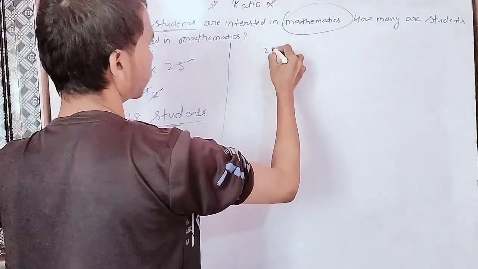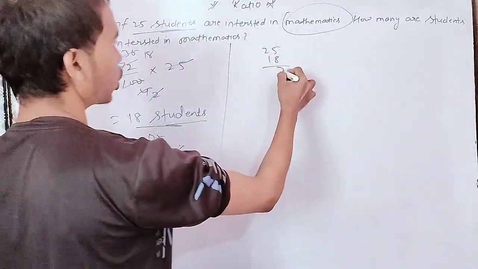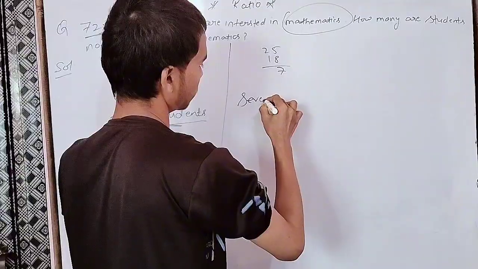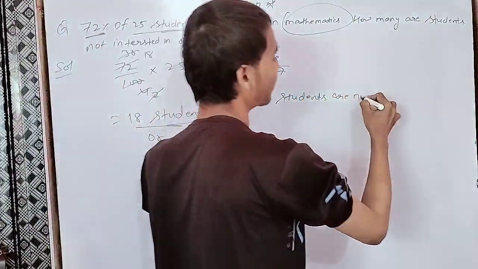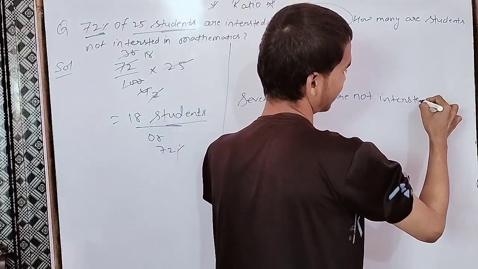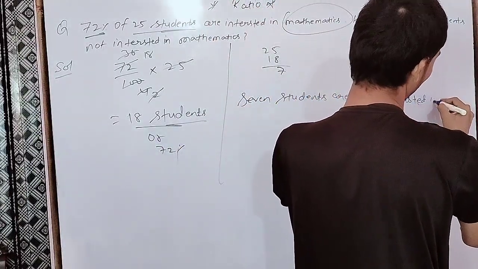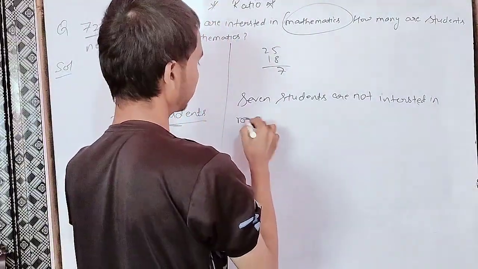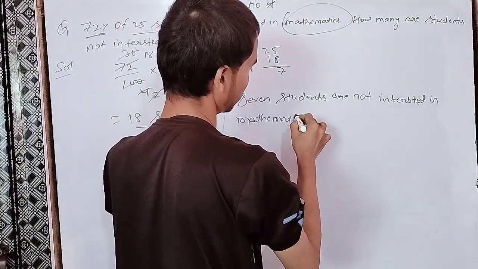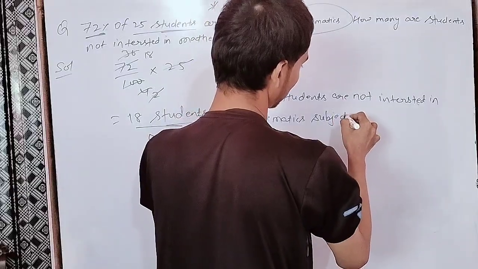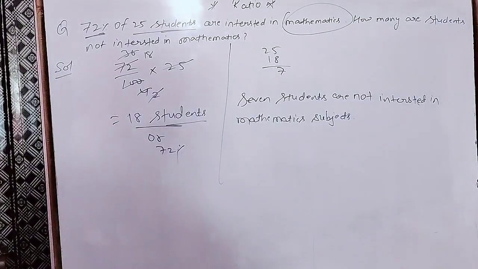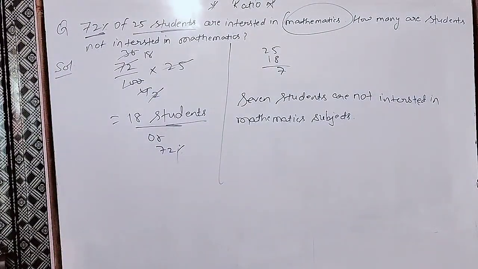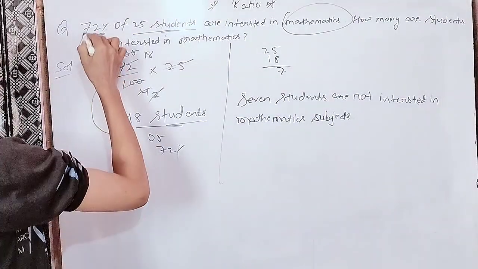Now, 25 minus 18 would be how much? 7. So 7 students are not interested in mathematics subjects. That is how we find the answer to the question. You can see this is the number for this percentage.